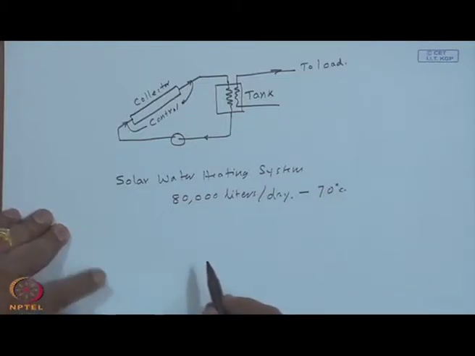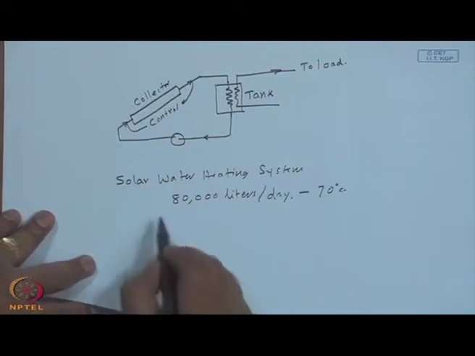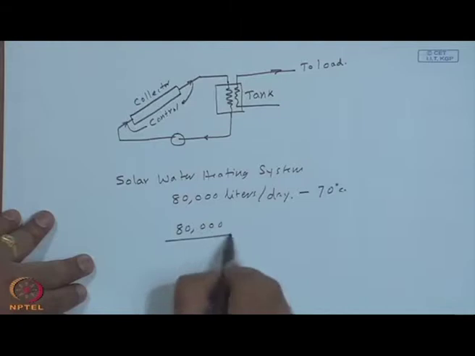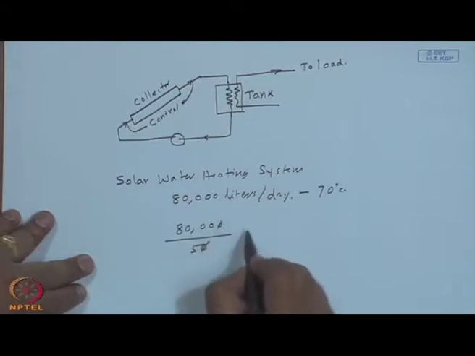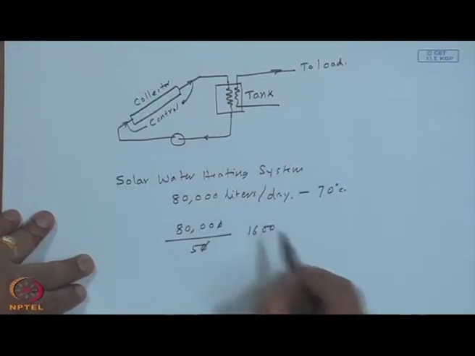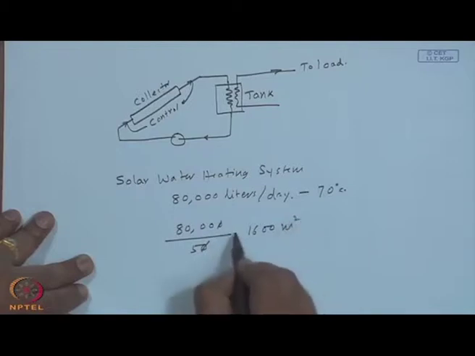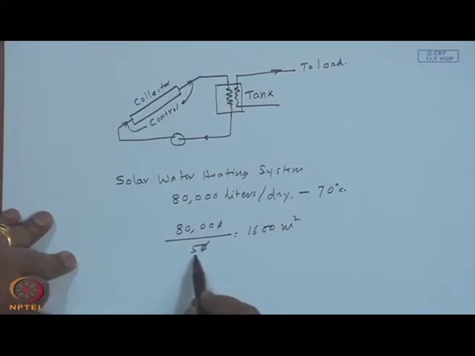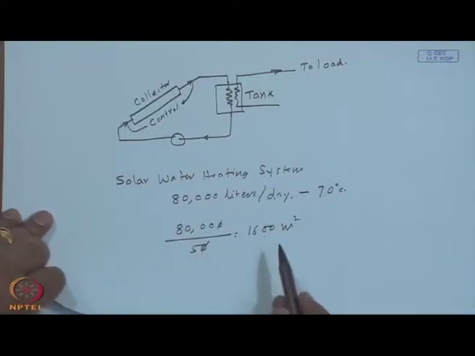So, this will require approximately, if I may say so, 80,000 divided by 50, that comes to 1600 meter square. At 70 degrees centigrade, I am assuming 1 square meter collector area will deliver about 50 liters per day. So, this comes to about 1600 meter square.